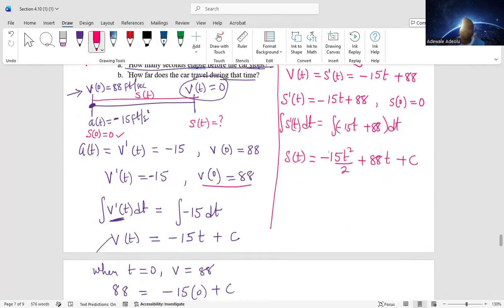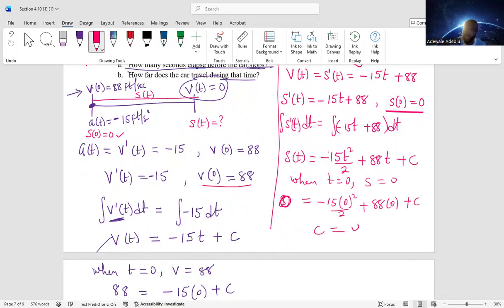Now to find c, that is where the initial condition comes in. When t is 0, s is 0. So we plug it in: 0 equals negative 15 times 0 squared over 2 plus 88 times 0 plus c.